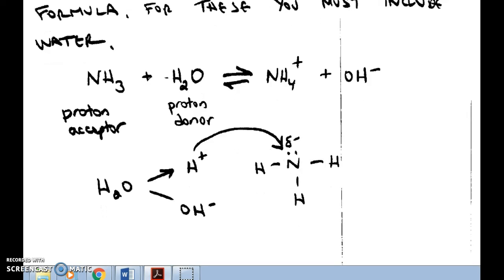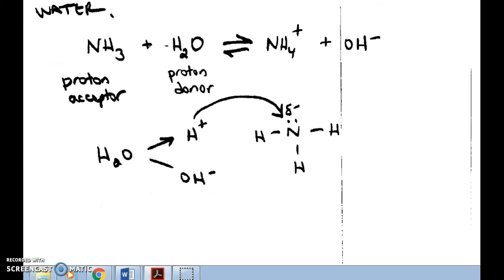It's got all the properties of bases: turns litmus paper blue, feels slippery, conducts electricity, and has a high pH. And so the Bronsted-Lowry definition of bases says that bases are the proton acceptors. So we need the water in this dissociation equation to be the proton donor, to act as the acid.